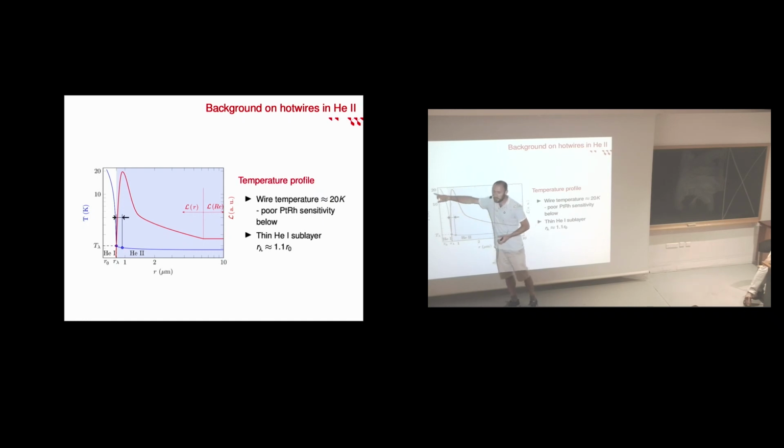But the initial reason why we chose to overheat it very high, to 20 Kelvin, is because the material, platinum rhodium, is not sensitive below that temperature. So you would have no signal from the material itself. There is no more resistance variation below, let's say, 10 Kelvin. So there's a vapor bubble around it?